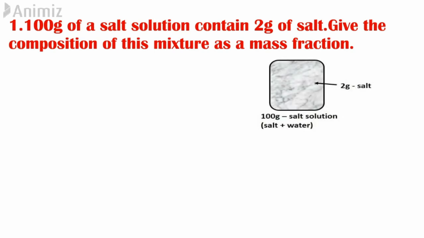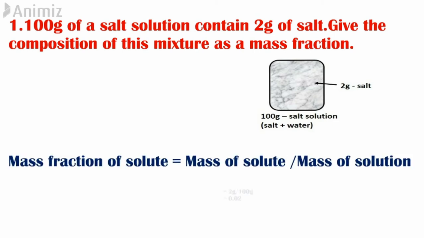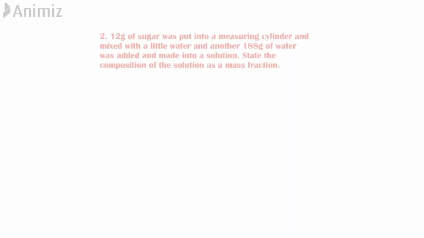In this salt solution you have 2 gram of salt. And in this question they have asked the mass fraction of solute, which means the salt. So the mass of solute should be divided by the mass of solution, which gives you the answer as 0.02.